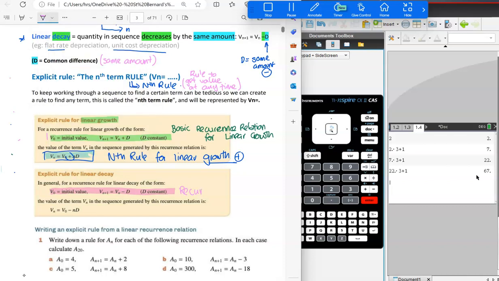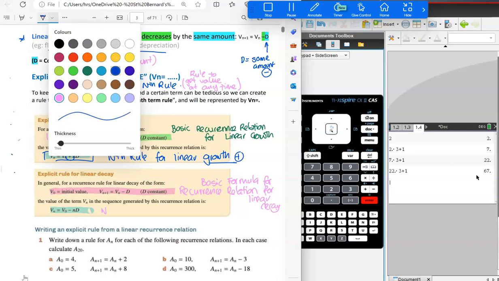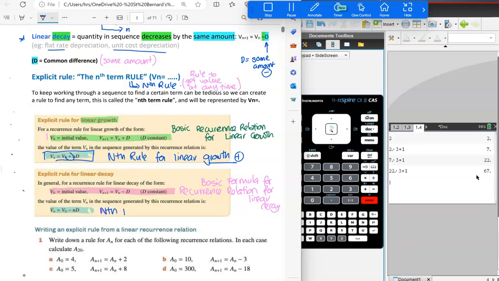So this is a recurrence relation, a basic formula for recurrence relation for linear decay. And then here underneath is how we get the nth term. If we want to write an nth term, this is the nth rule for linear decay. So decay is when it's minusing.